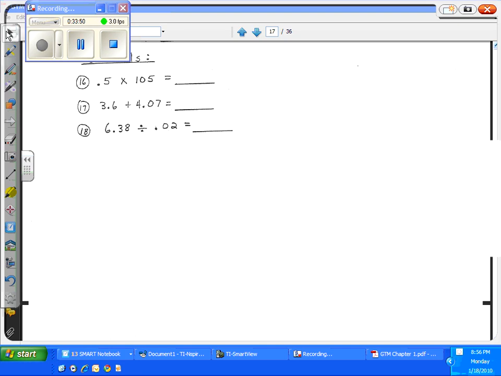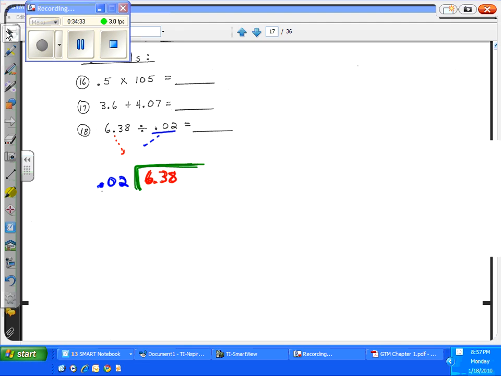Now, we learned a little rule that says we're going to take that 6.38, that's the dividend, divided by the 0.02, that's the divisor, divided into the dividend, or we would say the dividend, 6.38, divided by the divisor, 0.02.